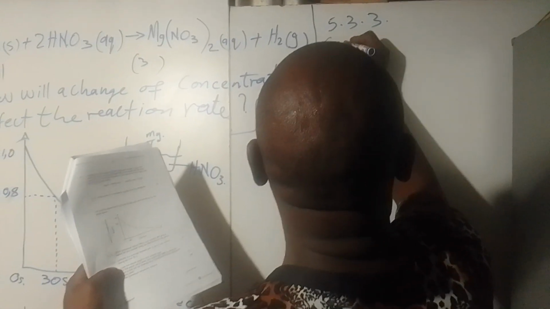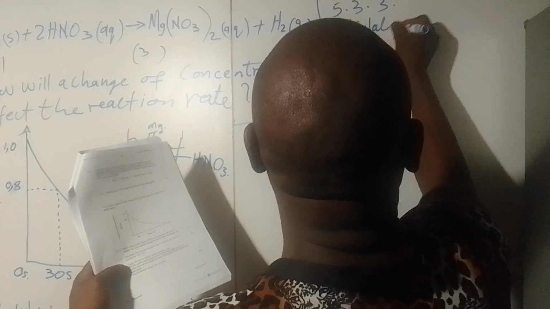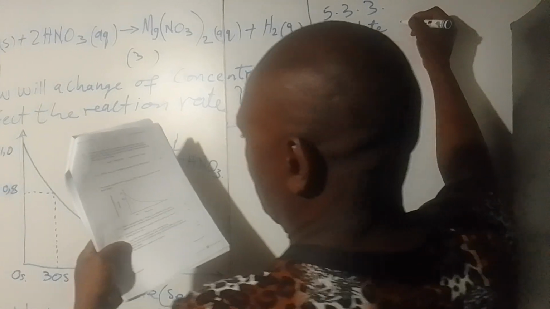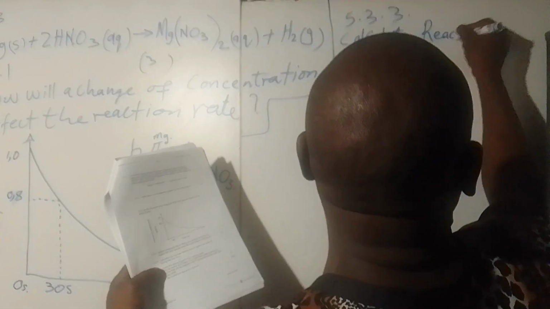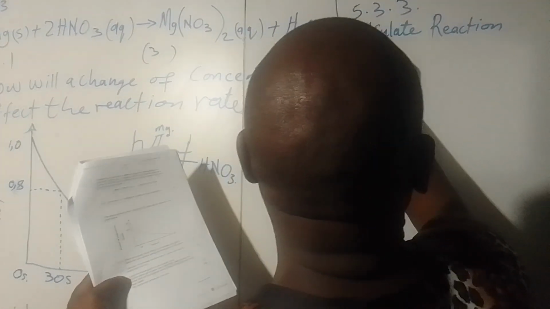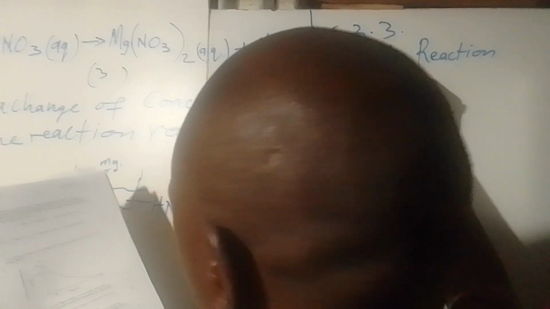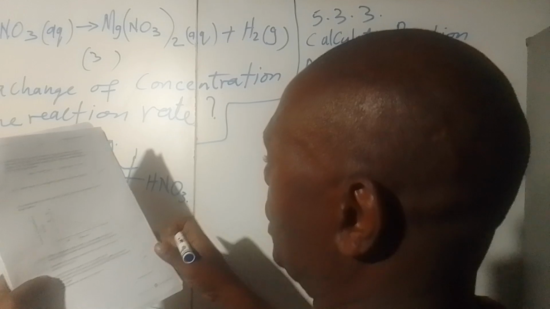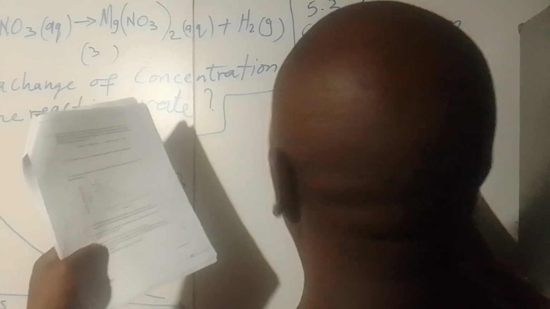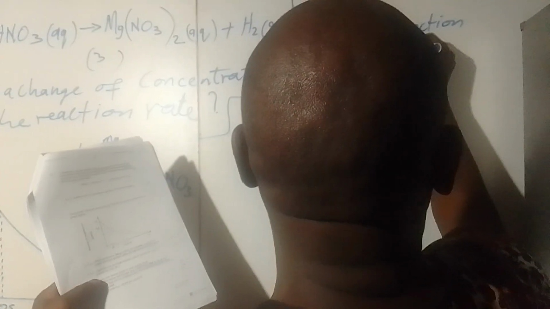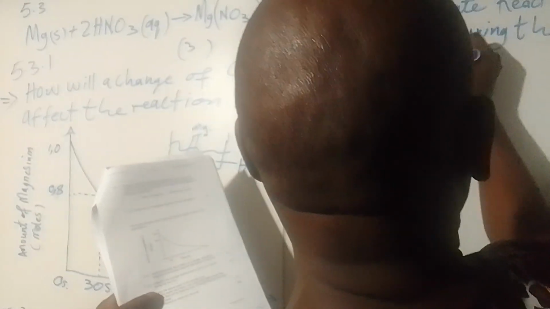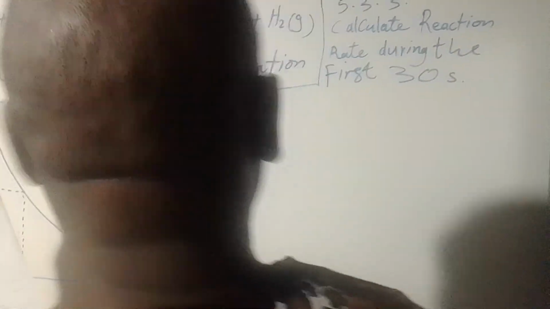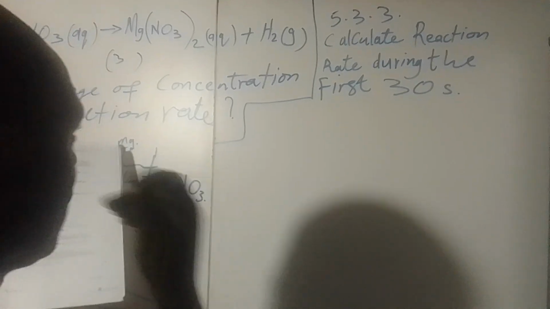They want us to calculate the average reaction rate during the first 30 seconds. Now this is what we need to calculate.